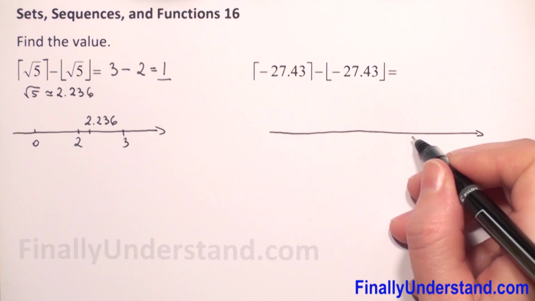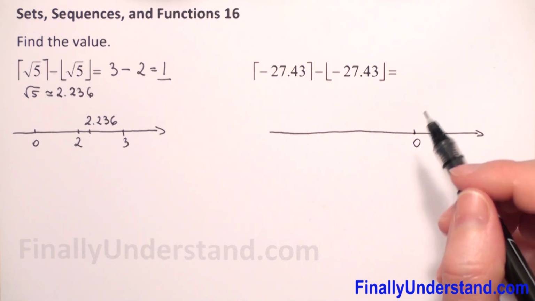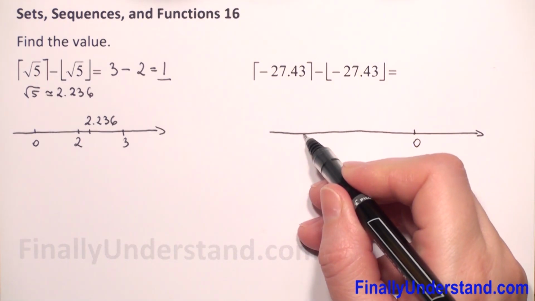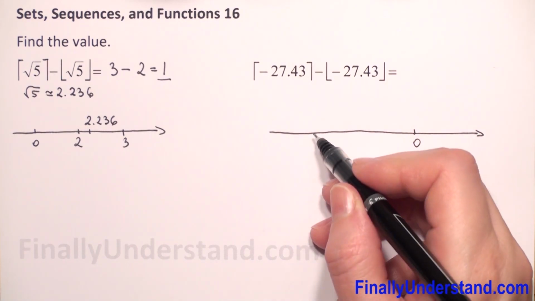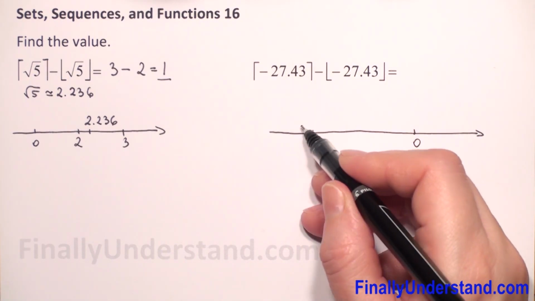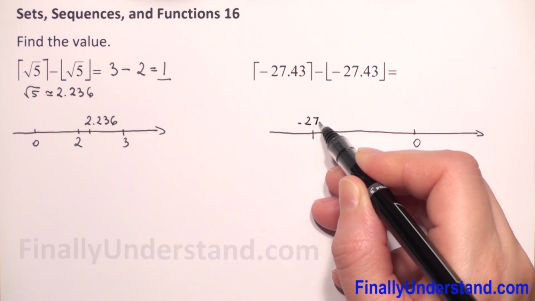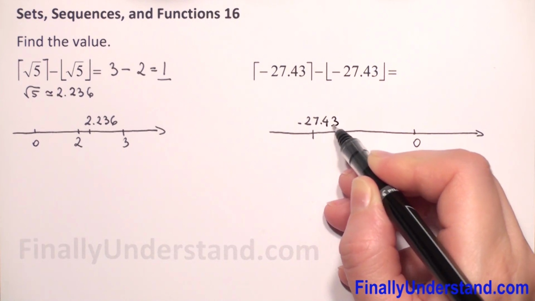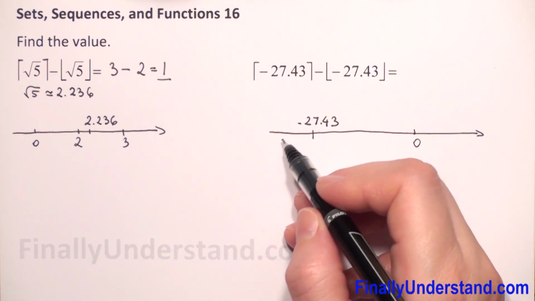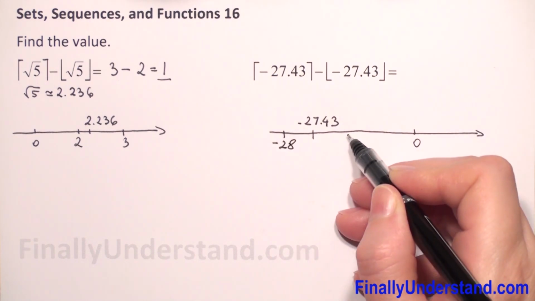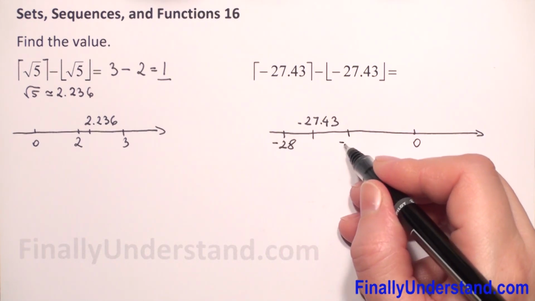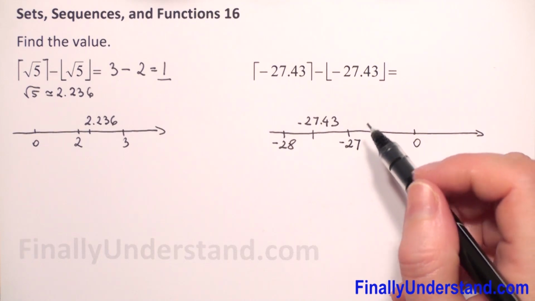So let me find this number on the number line. We have a negative number, so it will be on the left side of 0. This is negative 27.43. This number is between the integers negative 28 and negative 27.